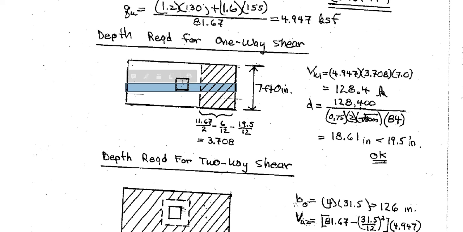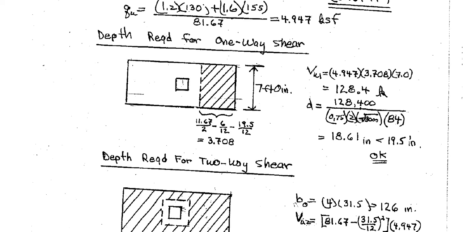That way my B was 1 foot or 12 inches. This time they are assuming the full 7 feet as their B. No problem. Whatever you assume, the reinforcement or the size will give the same thing.